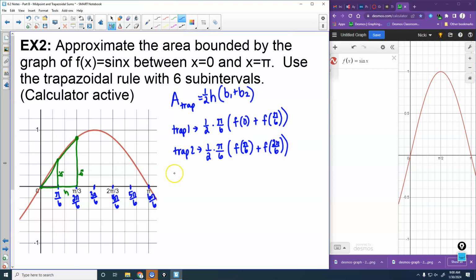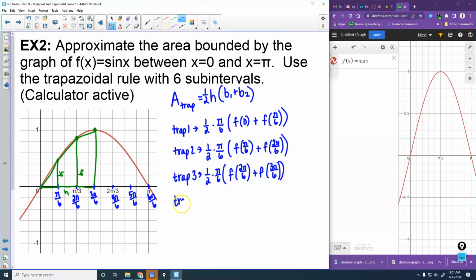Okay, so if we think about trapezoid number 3, here's this one. If we think about what's happening here, we're going to have 1/2, we'll have pi over 6. This time, the left base is f of 2 pi over 6, and the right base is f of 3 pi over 6.